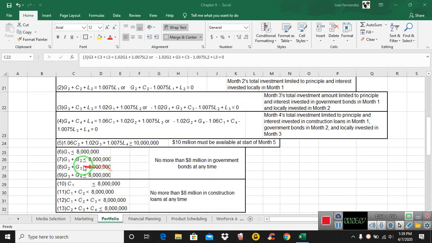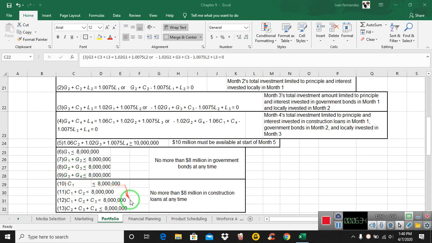And if you're wondering how come we don't have G1 on this one here? Well, because G1 by the third month is already gone. G1 goes for 2 years, so it will be gone by the third year. So in the third month, you only worry about what you invested in government bonds. When it comes to government bonds, you only care about what you invested in the second and the third, so forth.